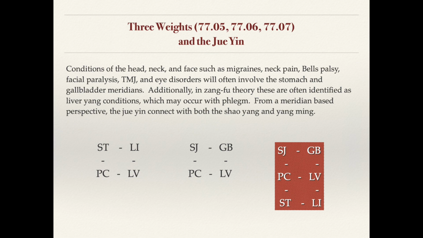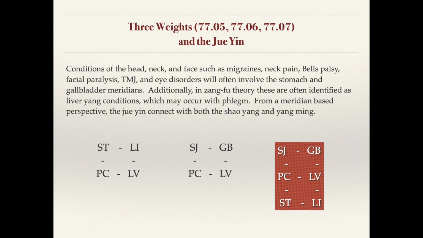Okay, let's take a look at the next slide, and it reads 3 weights and the jue yin. So in the meridian systems, we find that the yang ming organs connect to the jue yin meridians of the pericardium and the liver, and the diagram at the bottom left side shows the jue yin yang ming connection. But then the shao yang also connect to the jue yin.